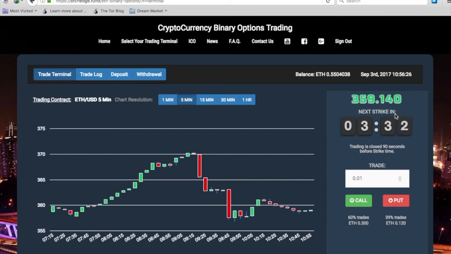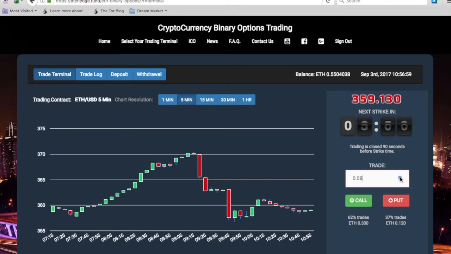Now we need to decide how much funds we are going to place in this trade. The minimum amount of the trade is 0.01 Ether, but I'm going to trade a little bit bigger because I want bigger profits, and I'm pretty sure that the price will go up a little bit at the strike time.